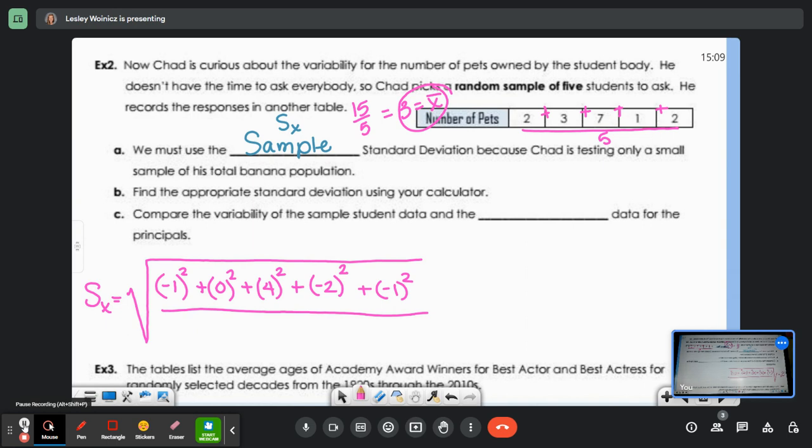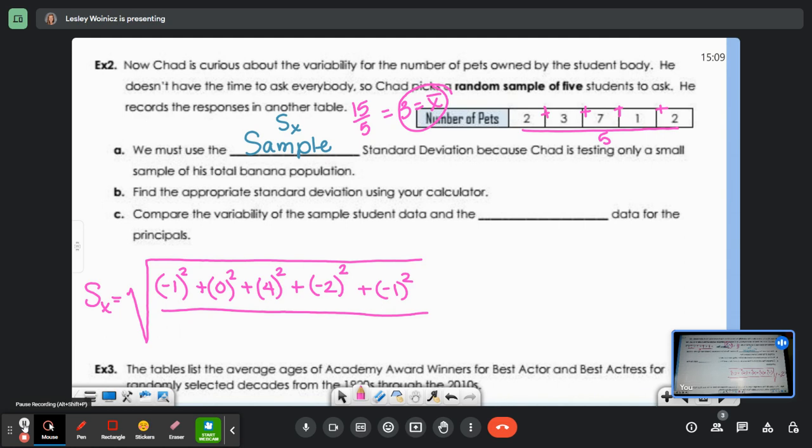Okay. Now, so far the formula is exactly the same. Here's the difference. Because this time we're only testing a sample, we have to allow for the fact that there might be more variability out there than we even know about. Maybe a couple of people have like 20 pets. We don't know, they weren't in our sample.